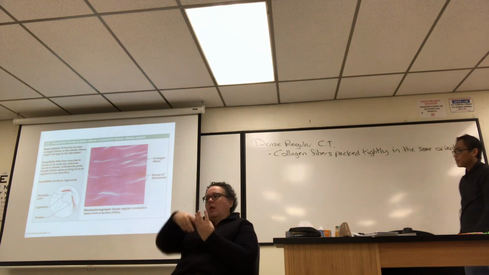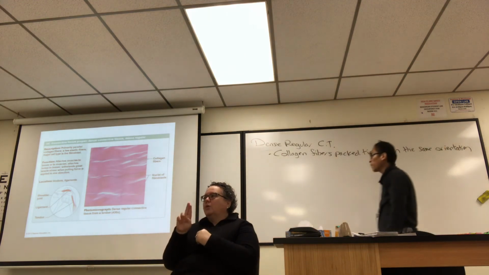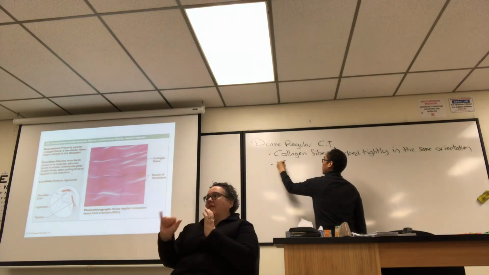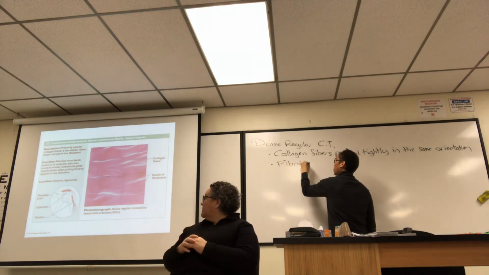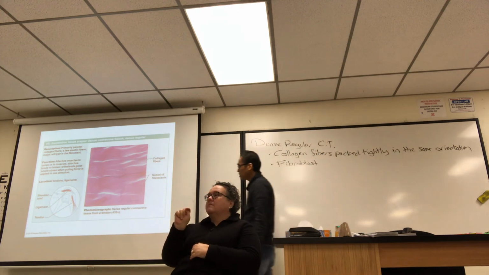That's all you see. Maybe you see a couple of squashed nuclei of the fibroblasts, so I can have you identify that. Fibroblast. So tendon and ligament are the best examples. I believe this is from tendon.